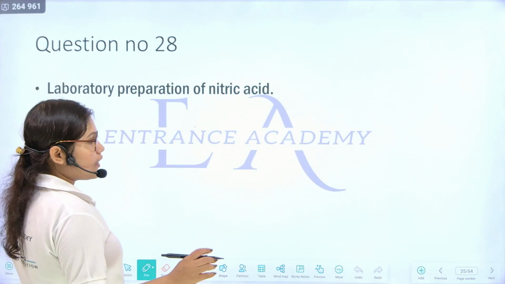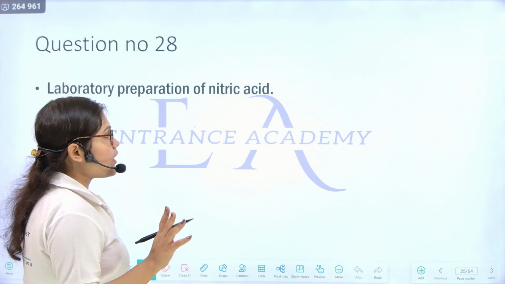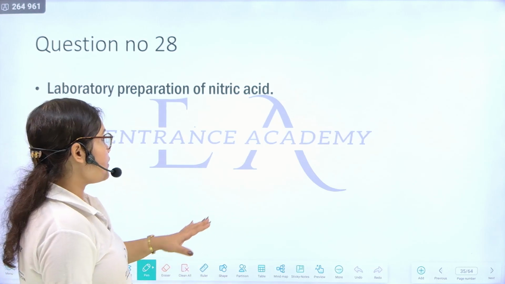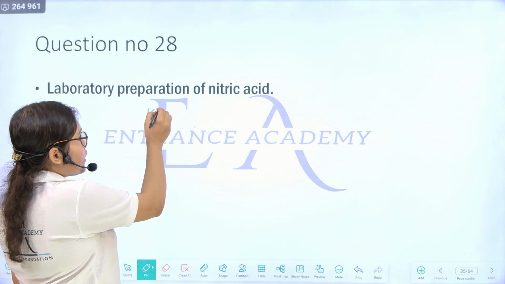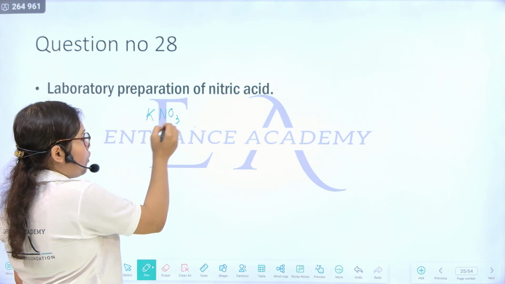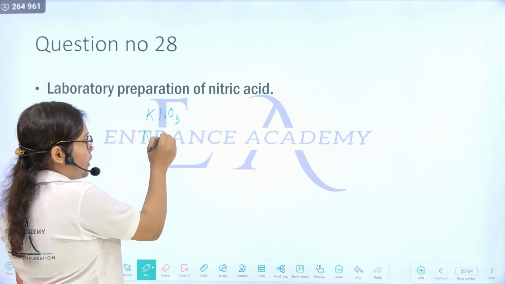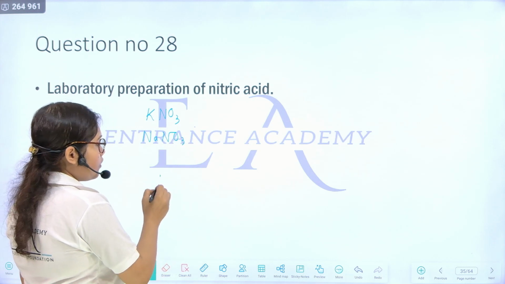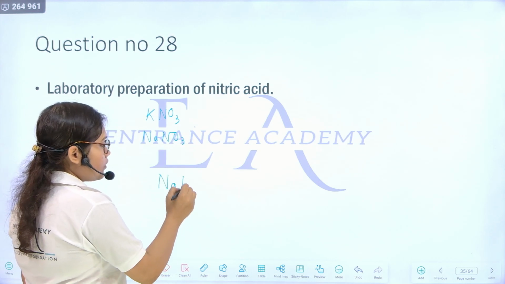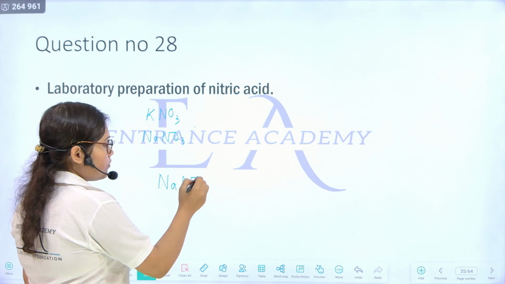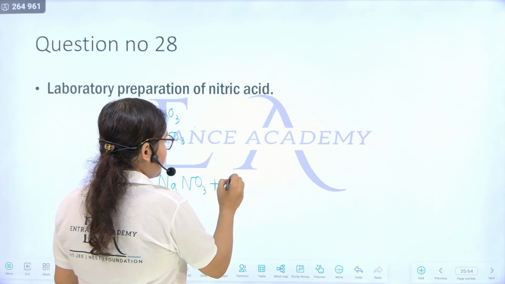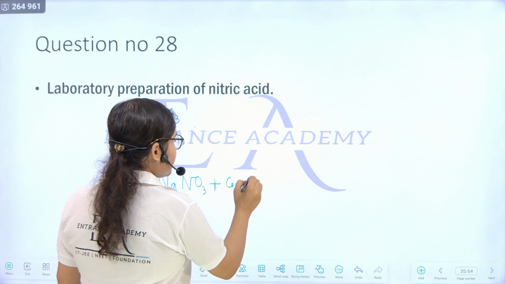Laboratory preparation of nitric acid. Now, two different reactants are there in case of lab preparation of nitric acid. If it is potassium nitrate or sodium nitrate, you choose one of them to write your answer. Sodium nitrate plus concentrated sulfuric acid.